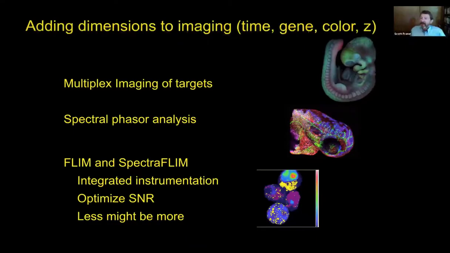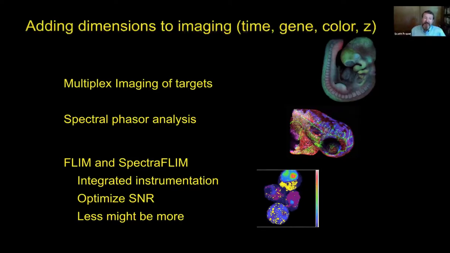So I'm going to stop here because I think I could go on and on about our children and the way we're trying to use them in the lab, our children being our different techniques and our different instruments. What I've tried to share with you today is our approach to try to add dimensions to the imaging. I showed you a little bit about our multiplex imaging and both the abilities and challenges there.